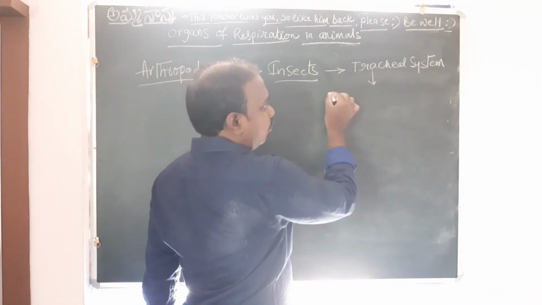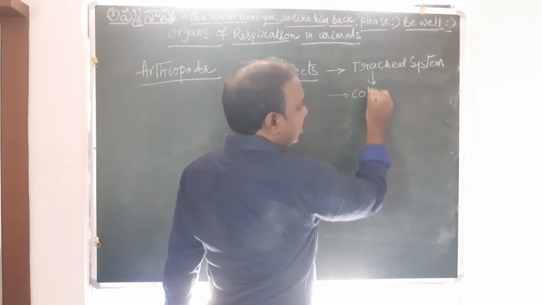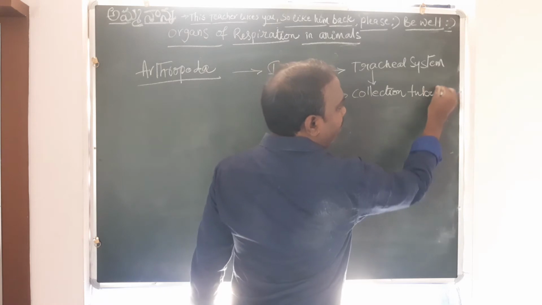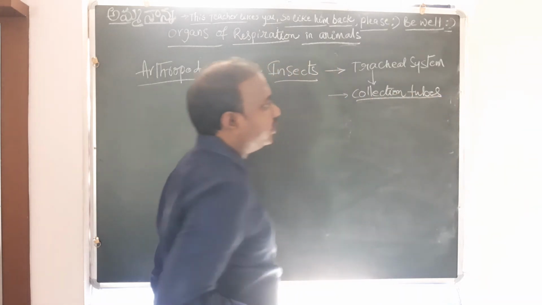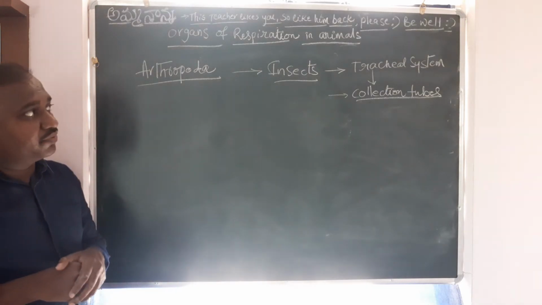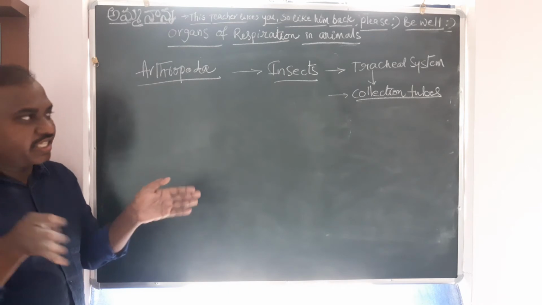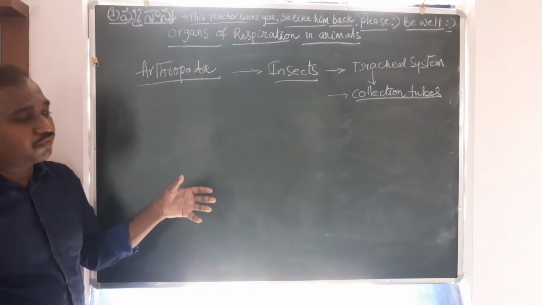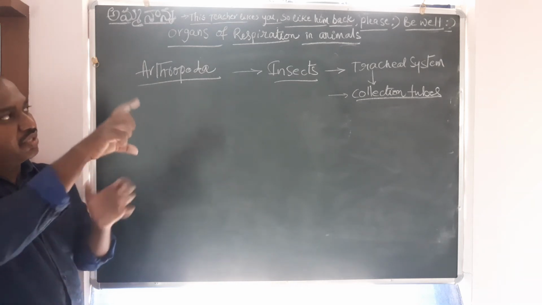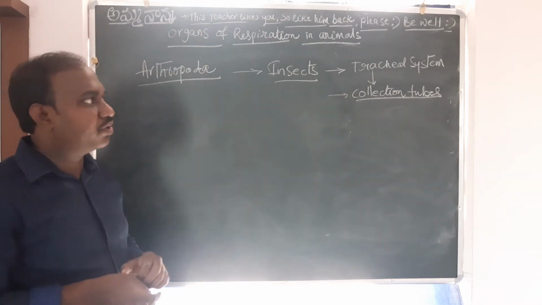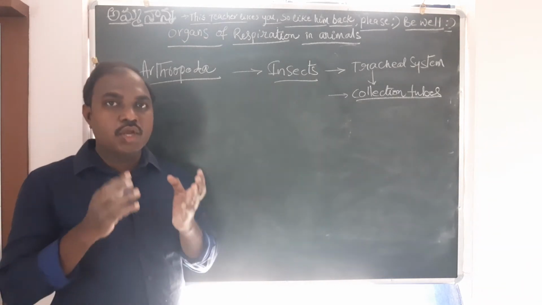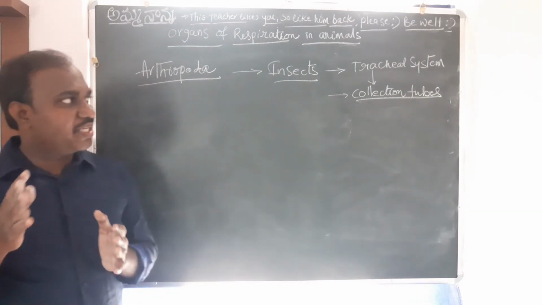We have a collection of tubes which are connecting the cells of these insects to the outside. Obviously, if you see human beings, we have the nostrils to allow the gases to be exchanged.